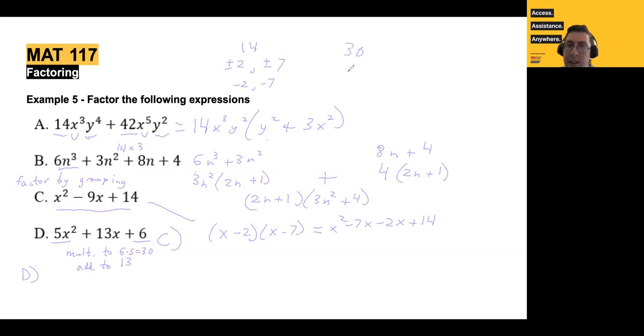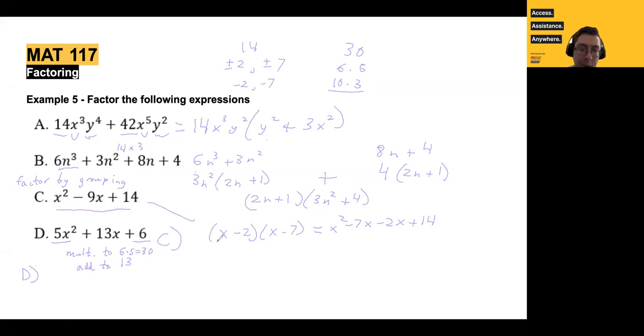There's 6 times 5, but that doesn't add to 13. But there's 10 times 3 that we can do. Oh, that adds up to 13. So we would choose those.